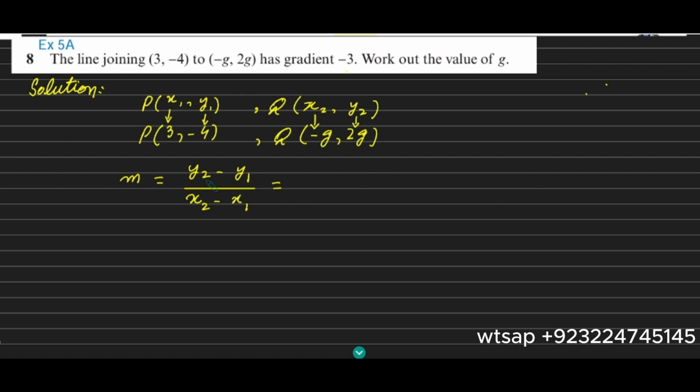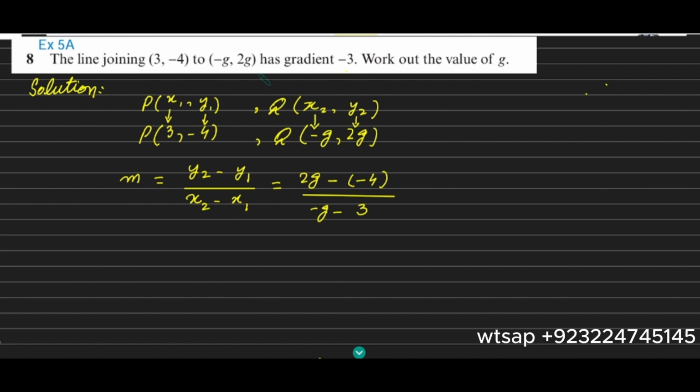So we replace y2, which is 2g, minus y1, which is minus 4, over x2, which is minus g, minus x1, which is 3.